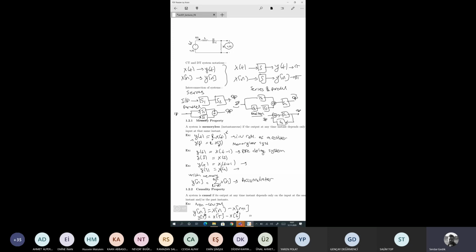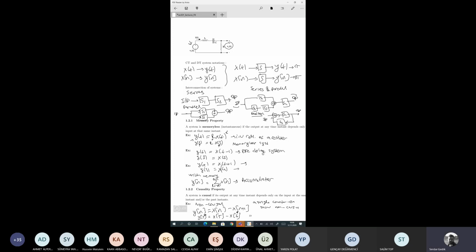So I need a value from the future. So a single counterexample is enough to show that this is non-causal. This is in general the case. To show that a system has memory, or that a system is non-causal, you only need a single counterexample. If you can find a counterexample, then you can say that the system is non-causal.